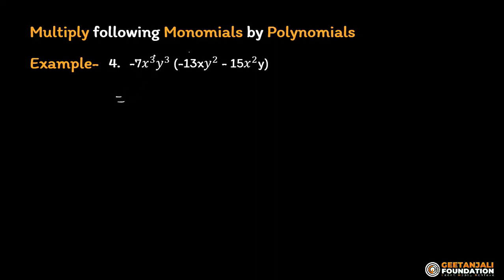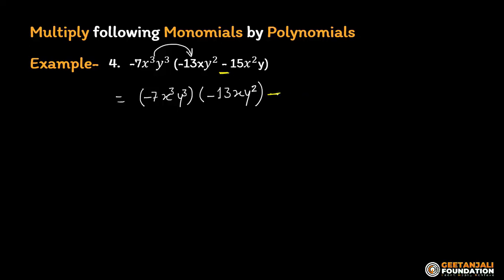So I have to multiply this with this first. So I am taking this monomial along with its sign. It is minus 7x cubed y cubed. And we will take the first term of this binomial, so it will be minus 13xy squared. So we have taken this term first. Now we need to take the second term, but before that we need to consider this sign.